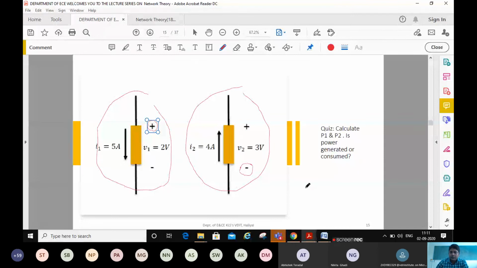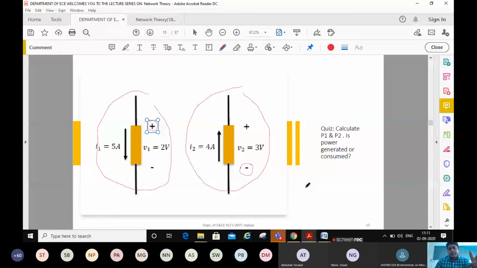This convention we follow is called the passive sign convention. Here we are interested in the direction of the current. If it enters from the positive terminal, we take it as a positive current in the equation P equal to VI.